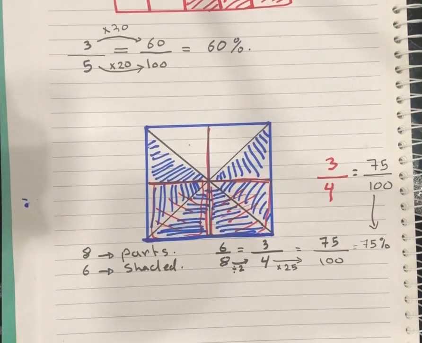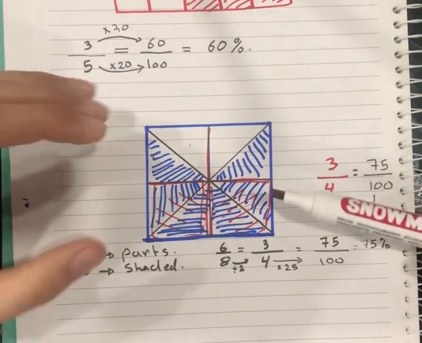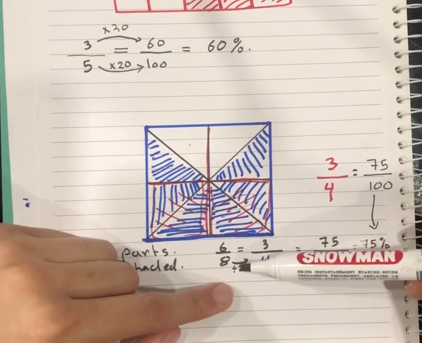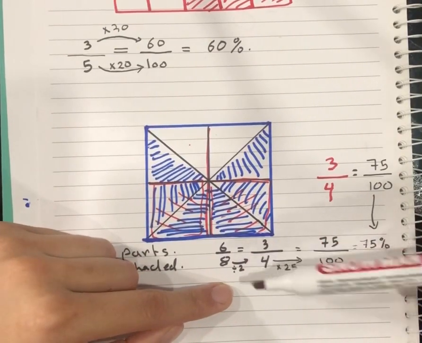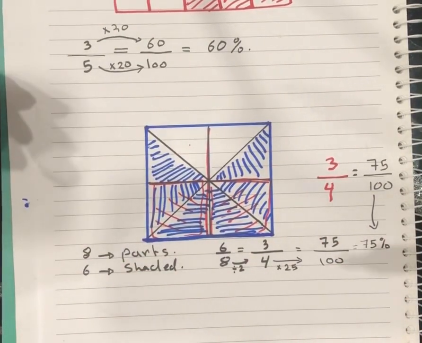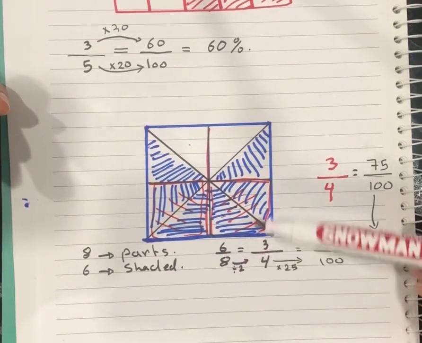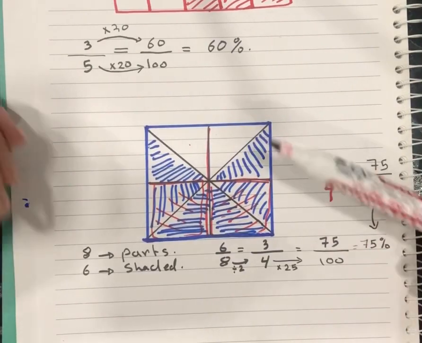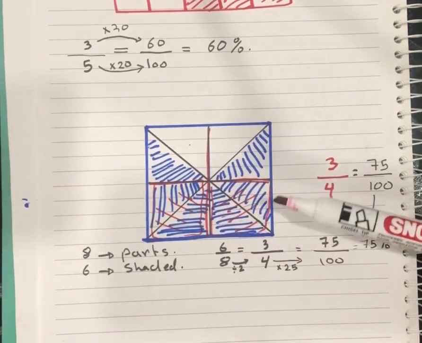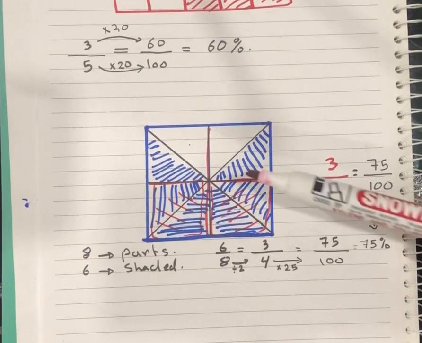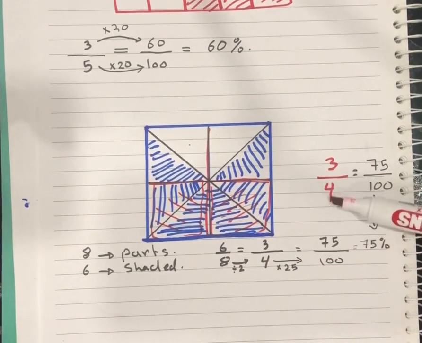In the end, you will have the same answer, but this is a way to play around with the shape and the figures if you don't know how to simplify, or if it didn't come to you as fast to simplify the fraction. You can simply just play around with the shape and divide it into parts that you know how to turn into 100. So I divided it into 4 parts, and I know how to turn the 4 into 100.